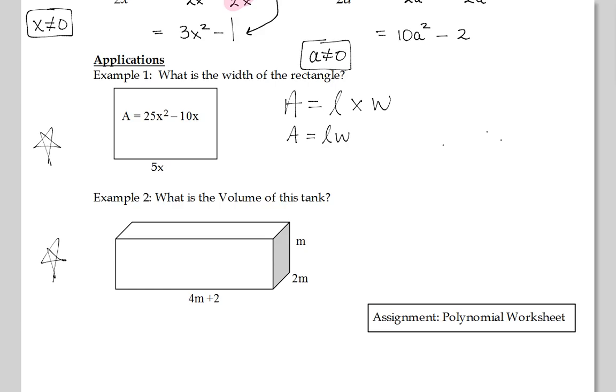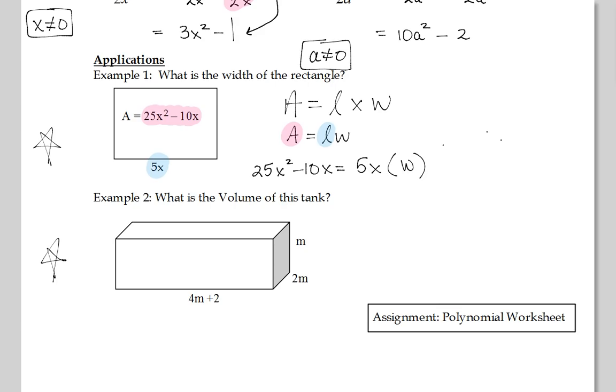I can substitute in the area. I'll use a color to show you this. Sub it in right there. 25x squared minus 10x is equal to, now the length we can call 5x. So I can sub that in there. And I'm going to be multiplying by the width.